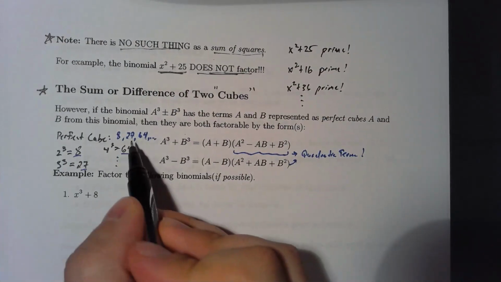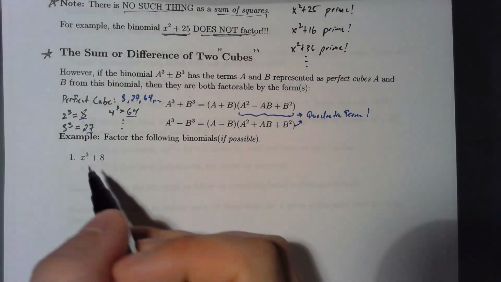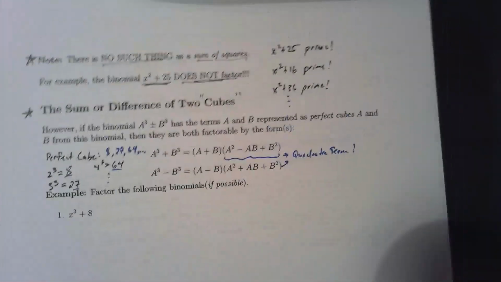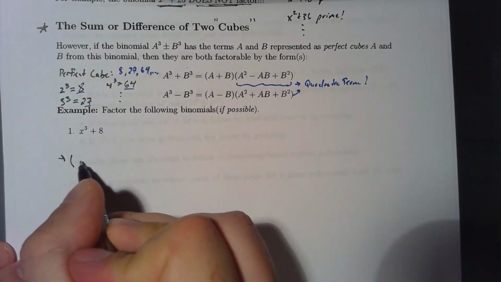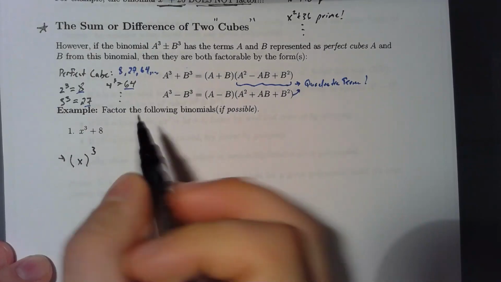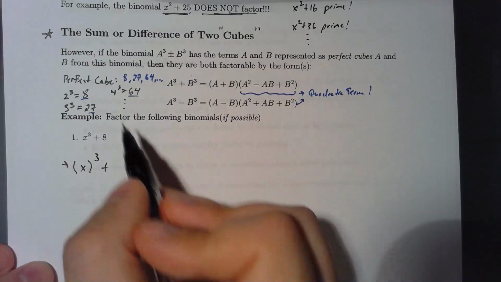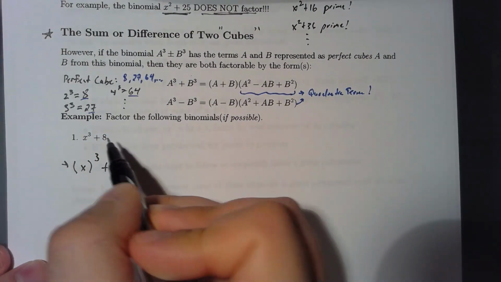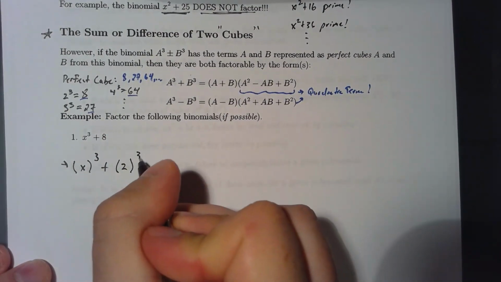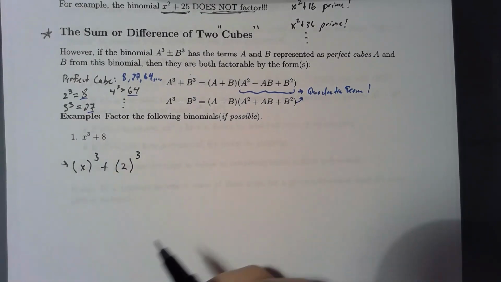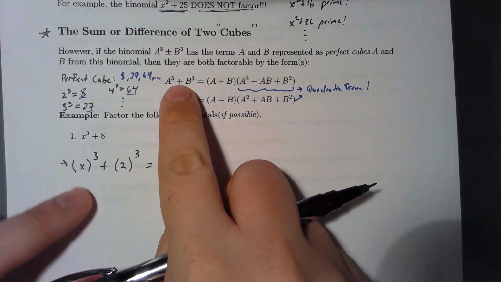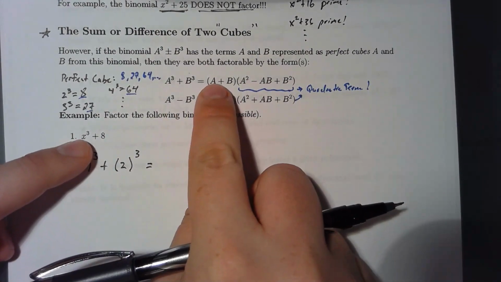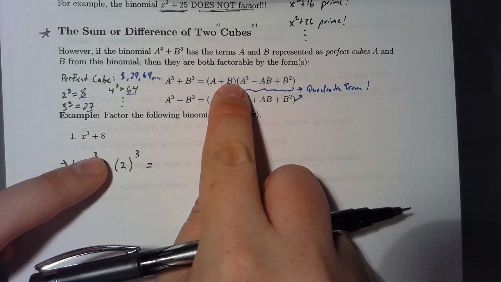So if you see a perfect cube in a binomial, and the first term is cubed, then you possibly could factor it. In this example, I have x cubed plus 8, and I just said 8 is a perfect cube, which is 2 to the third power. So this factors. What does it factor to? If I look at the form, I have a sum of cubes, so I have a plus b. So I have x plus 2.